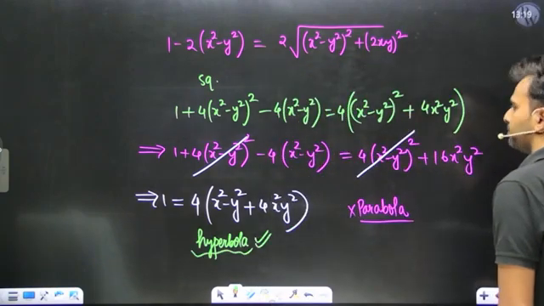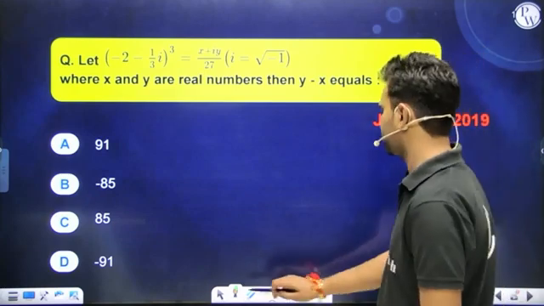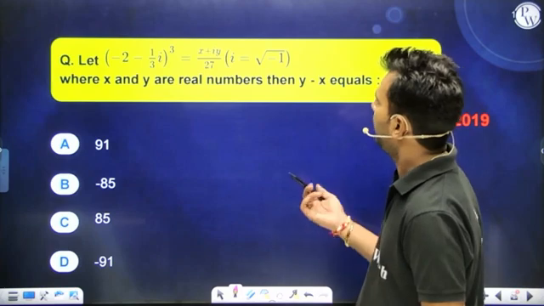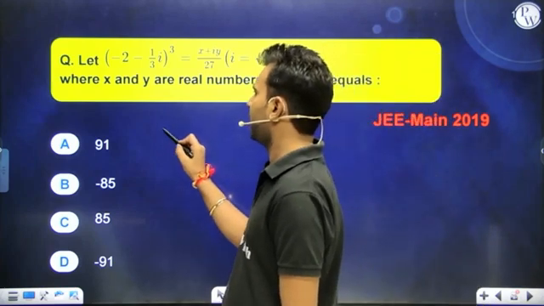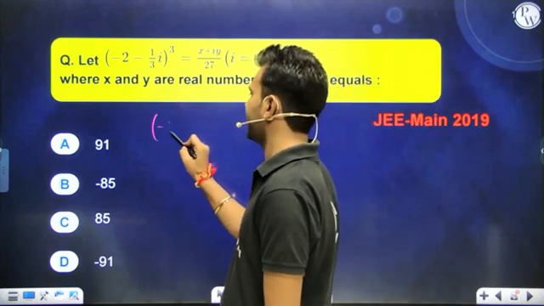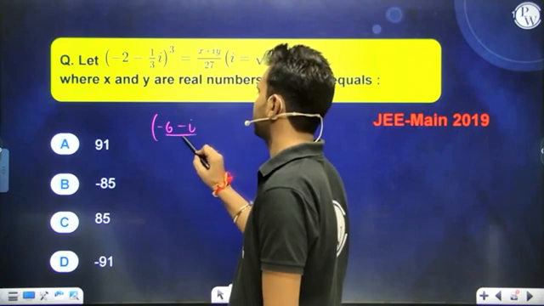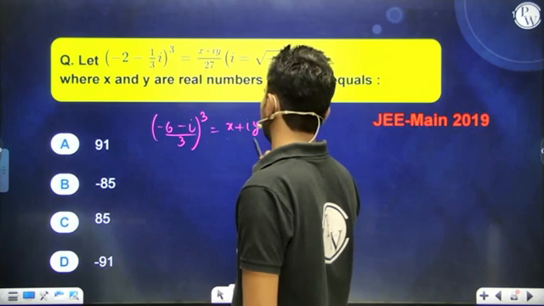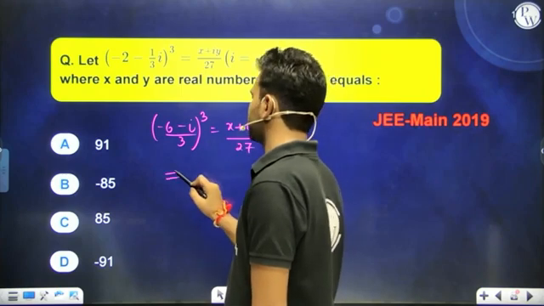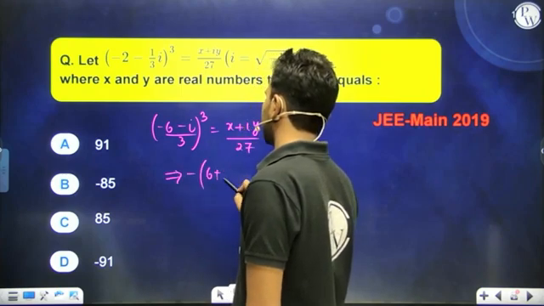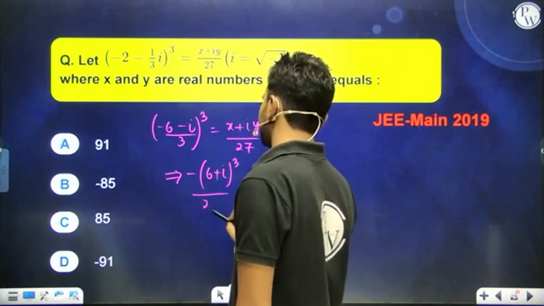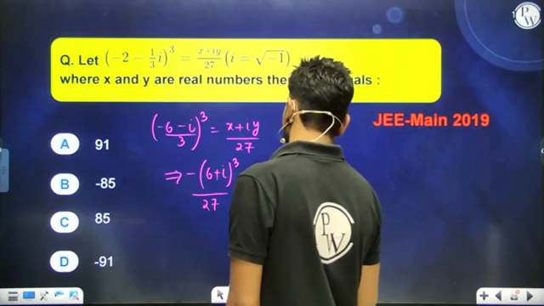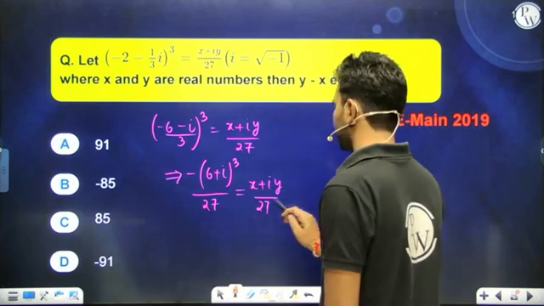Okay. Yep. All right. Talking about this, it is a JEE Main 2019 question. Let's try to solve this. Equality of complex numbers. Taking the LCM over here, we can write it down like this. Then the expression is going to be minus times (6 plus iota) whole cube divided by 27 is equal to x plus iy upon 27. 27 and 27 are cancelled over here.